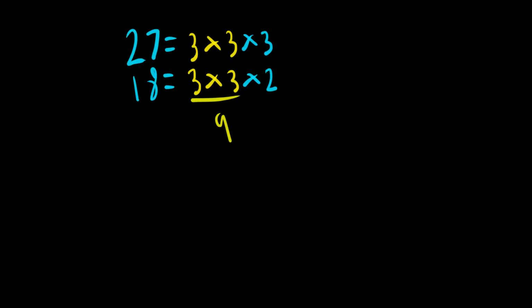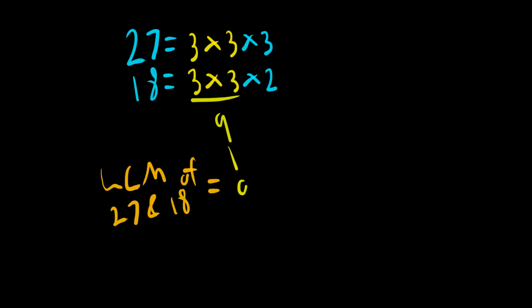But don't forget, we want to find the least common multiple of 27 and 18. How we do this is we take the greatest common factor of 27 and 18 and we bring down the 2 and the 3.